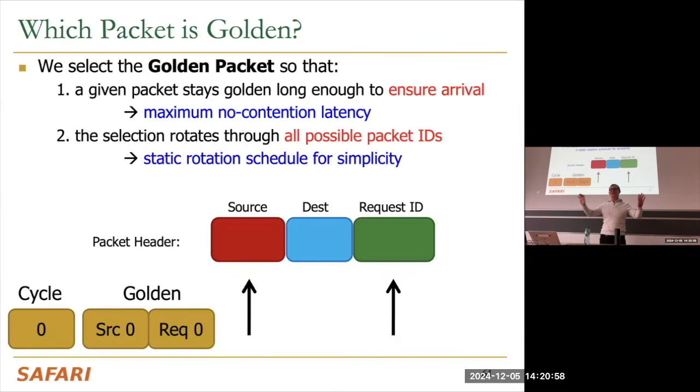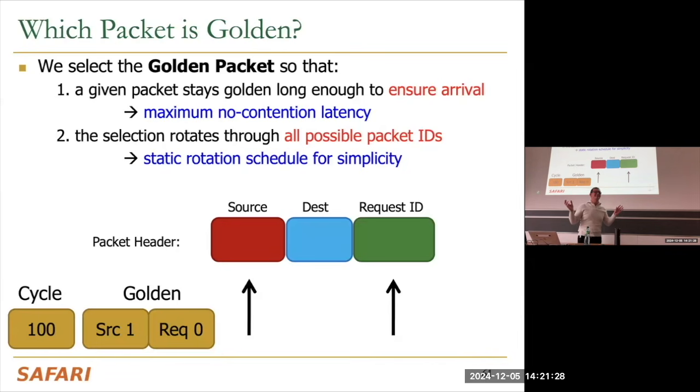So the network may never encounter it, but this is for simplicity, meaning every router knows that at cycle 0, this is the packet that's golden. And it will stay golden until cycle 100. At cycle 100, every router in the network says request 0 from source 1 is golden. This could be in the network, or may not be in the network, or maybe it will be injected later.